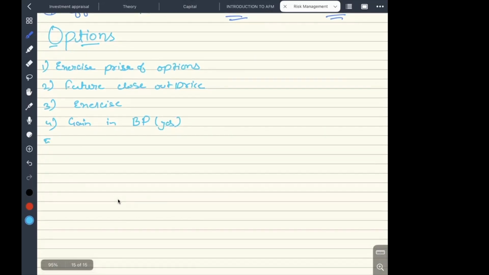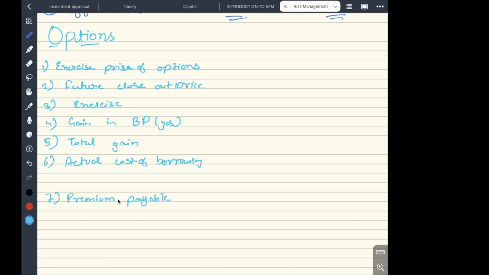Okay, step number 5, total gain. Step number 6 will be your actual cost of borrowing. Step number 7 will be your premium payable.